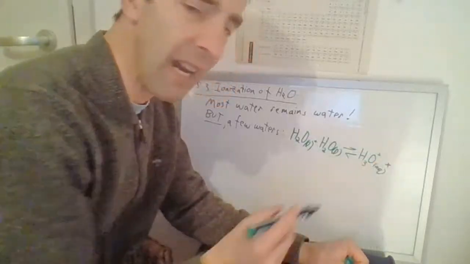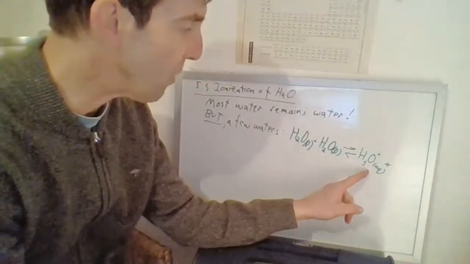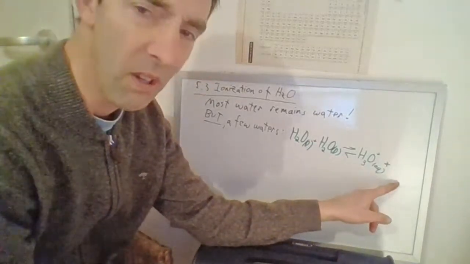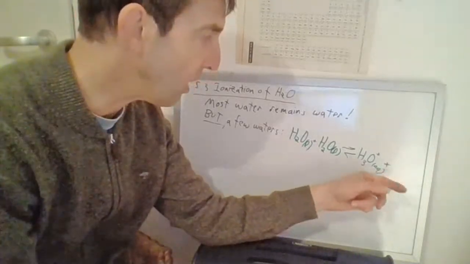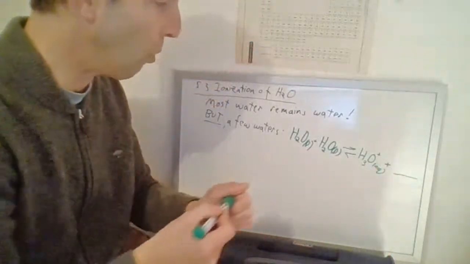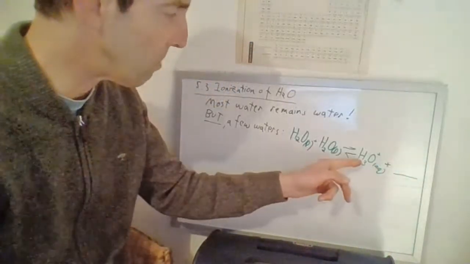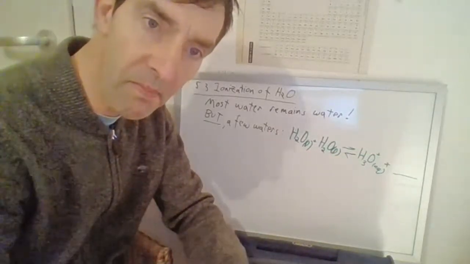Now what's left behind? Let's see if you're following. So if I get that for one, what's the other? I guess I could call it the conjugate base. What will be left right here? Can you fill in the blank? I got a water, gets ripped apart. One part becomes H3O plus. The other part becomes what?